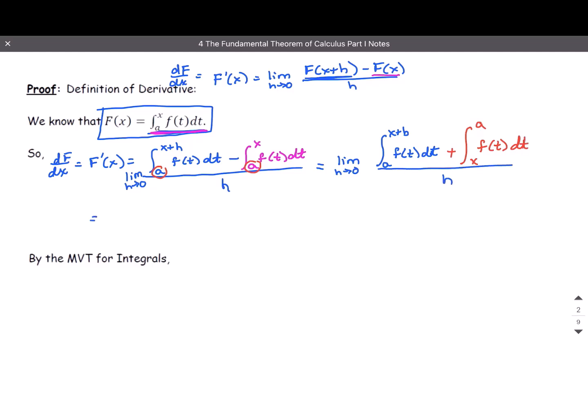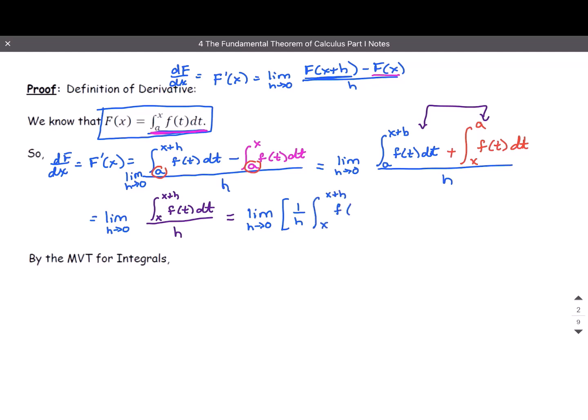So now I have the limit as h heads to 0, and I can add these two integrals. When I add them, I get the integral from x to x plus h of f of t dt all over h, okay? So this is the same as the limit as h heads to 0 of 1 over h times the integral from x to x plus h of f of t dt.